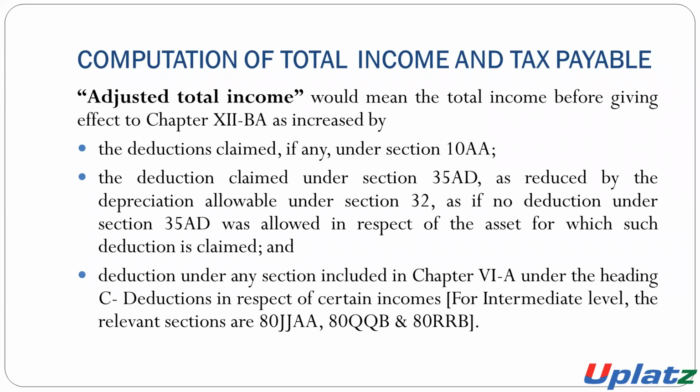The deduction claimed by the assessee under section 35AD, as reduced by the depreciation allowable under section 32 in respect of the asset for which the said deduction is claimed. We will also add the deduction claimed by the assessee under Chapter VI-A under heading C, that means deductions in respect of specific income.